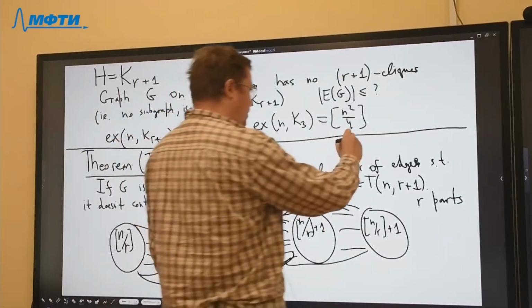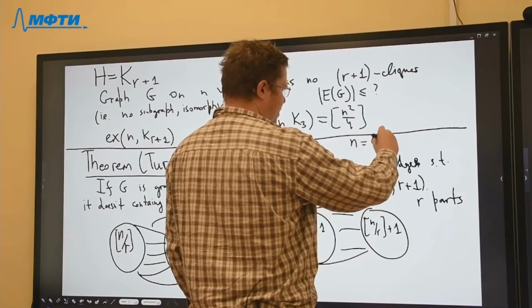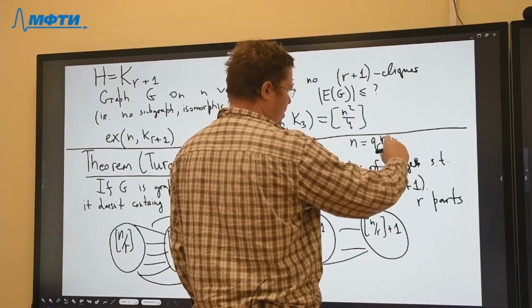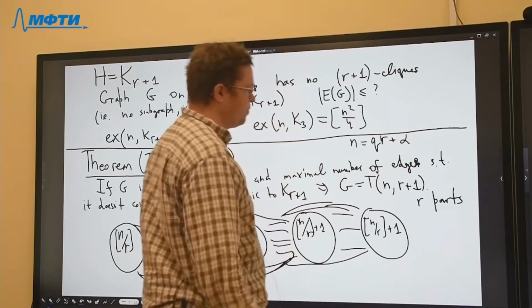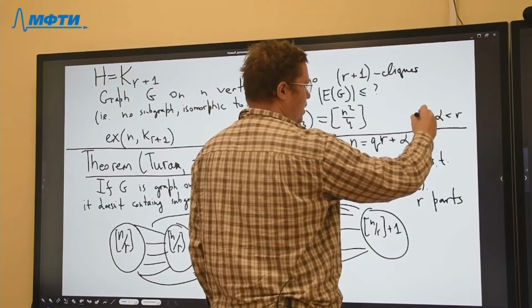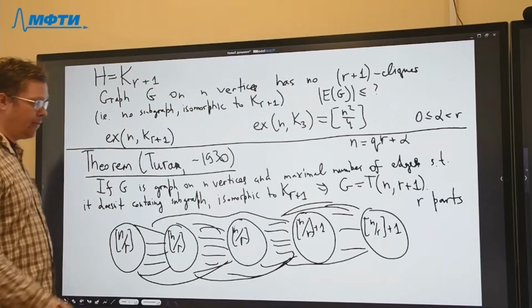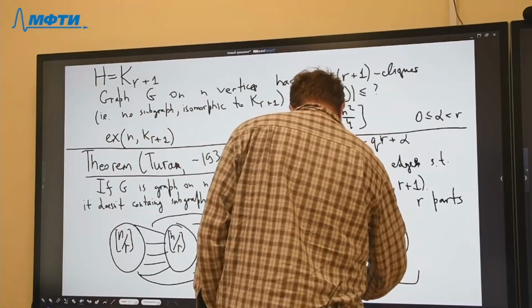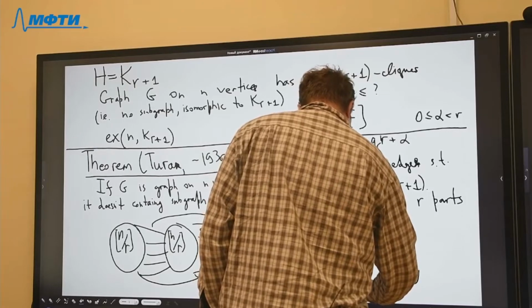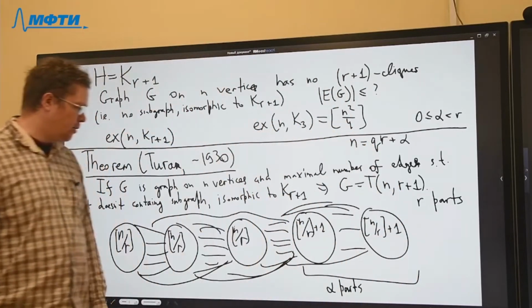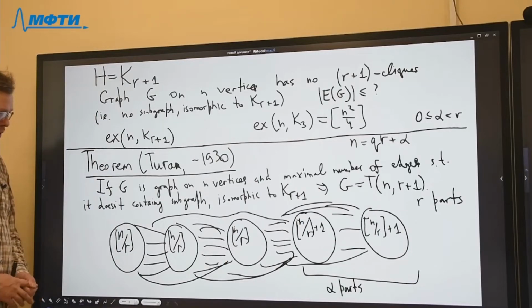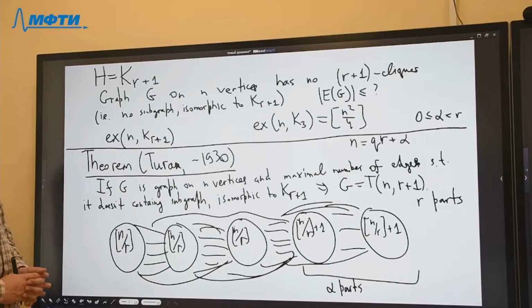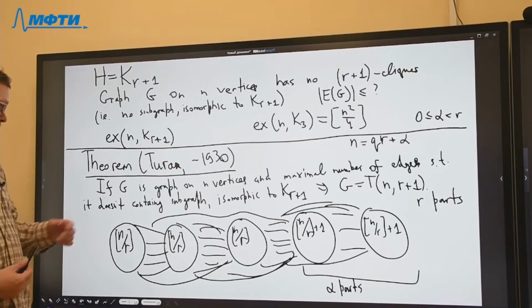So if I divide n over r with some kind of residue alpha, from 0 to r, then we have exactly alpha parts where we can do this plus 1. And so it's kind of tricky to calculate the whole number of edges. This is the definition of Turán graph, and it's maybe a little hard to calculate the number of edges in this graph, but we can do it.